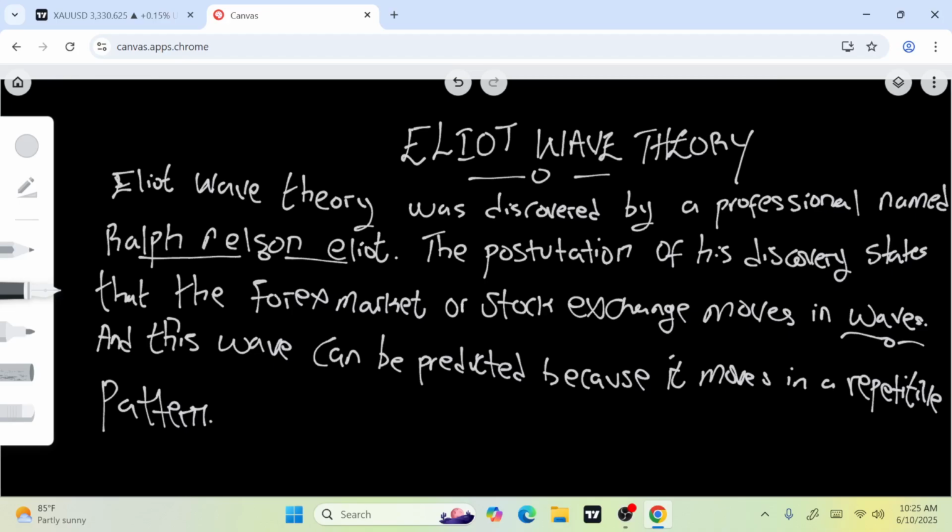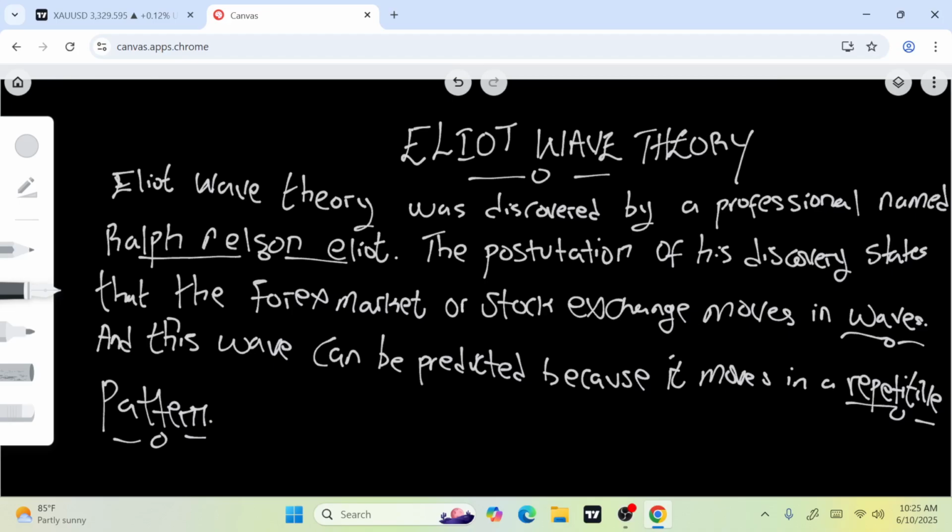Now, these waves can be easily predicted, because they move in a repetitive pattern. What do we mean by repetitive pattern? That is, if it has happened before, it is bound to happen again, and it is going to be like that till eternity. It's a constant occurrence. Do you get it now? Please take note of this thing. It is very, very important.